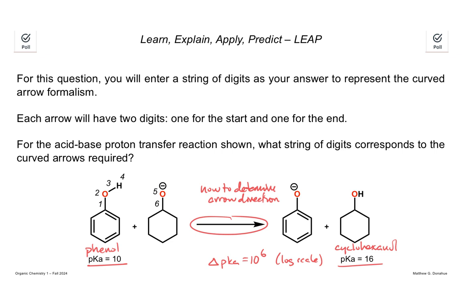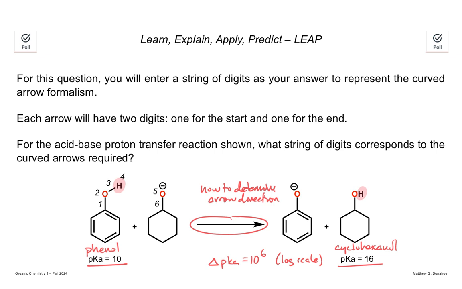So the reaction shown is asking us to draw the arrow. When I was using the iClickers, basically, you'd enter a string of digits to represent what the arrows were. But what we want to show is the movement of that hydrogen from the phenol to the cyclohexanol oxide.